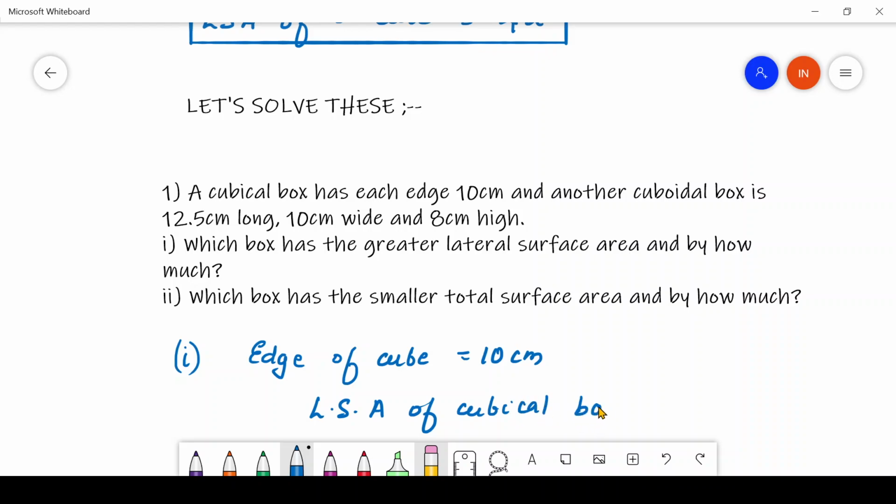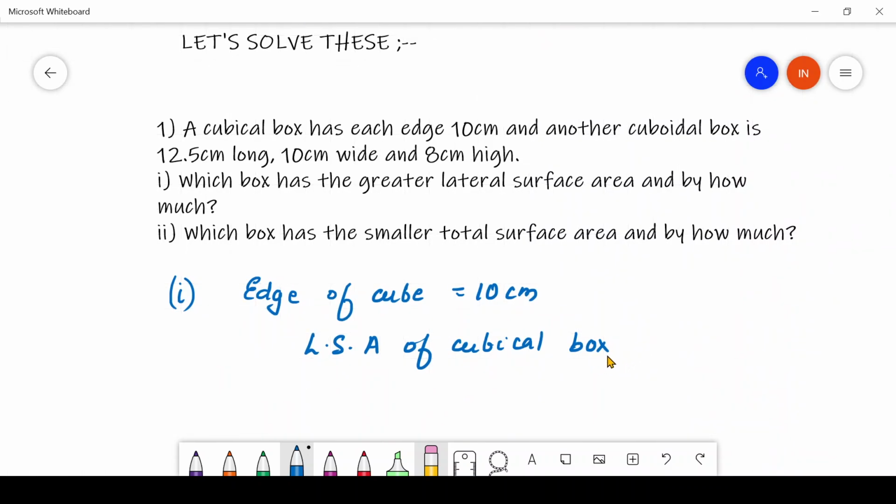We have just seen how to find the LSA of a cube, that is equal to 4 edge square, right? So 4 into 10 square is equal to 400 centimeter square.